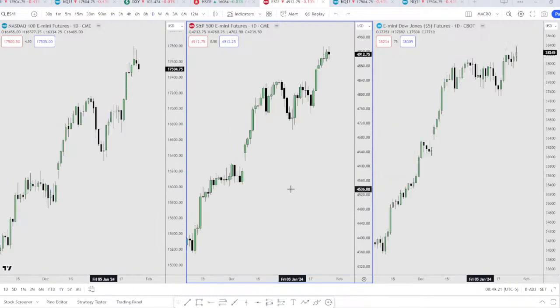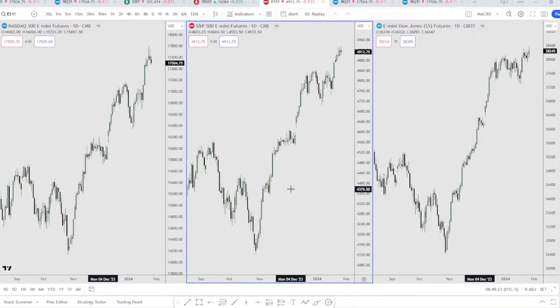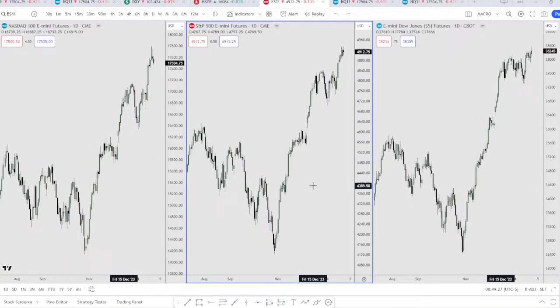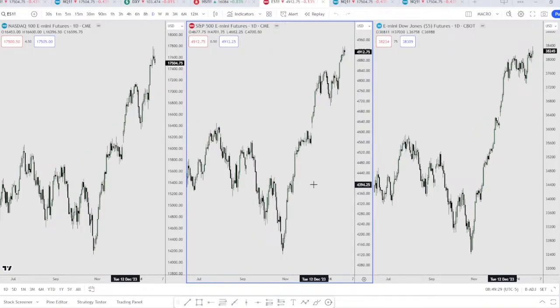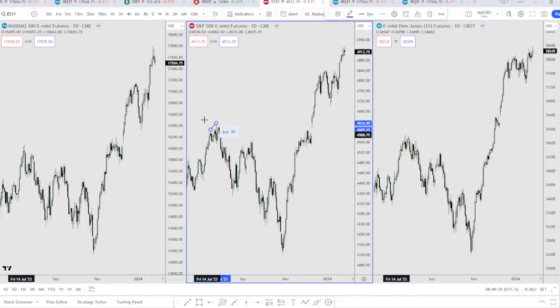Okay, so for example, it will be something like this. SMTs on the highs, right, this area here, Nasdaq making lower lows, ES making higher highs, Dow Jones making lower highs.